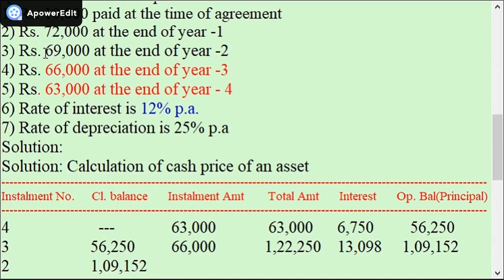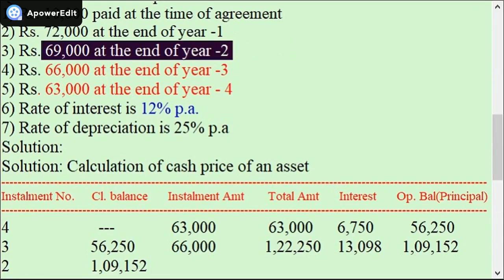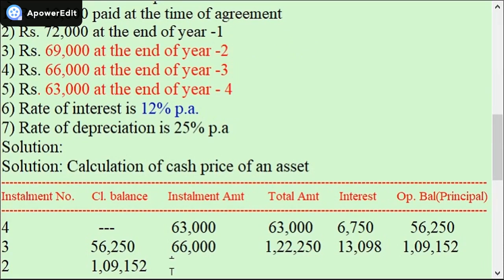So your second installment is 69,000. So total amount is 1,78,152, in which interest of 12% is included.